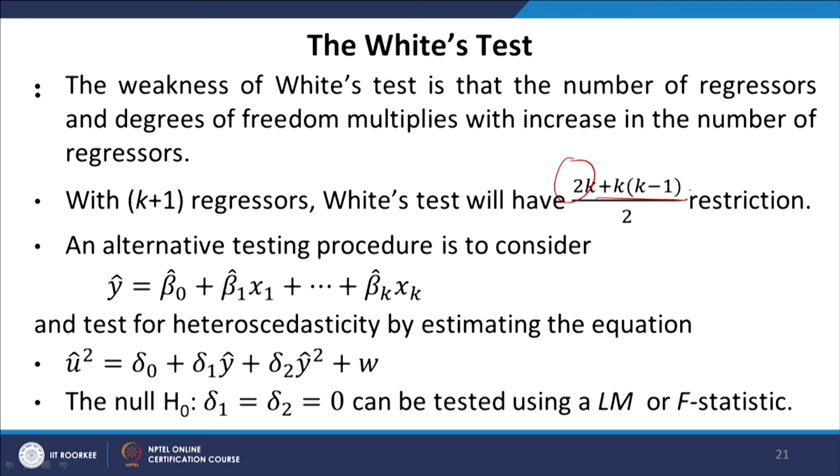An alternative testing procedure is to consider y hat. This is very similar to the Hausman specification test, the endogeneity test that we discussed under the omitted variable problem.